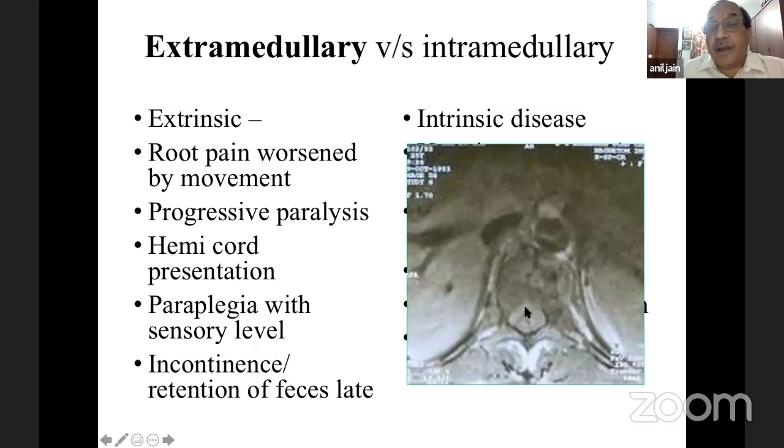Extramedullary lesions, where the compression is all from outside, generally have root pain and a clinical presentation worsened by movement, with progressive paralysis and gradual occurrence because the pressure is building. They may have a different kind of presentation depending on anterior, posterior, side, or total compression. This paraplegia will have a sensory level, and incontinence or retention of feces is a late feature. Bladder involvement and incontinence is a late feature.